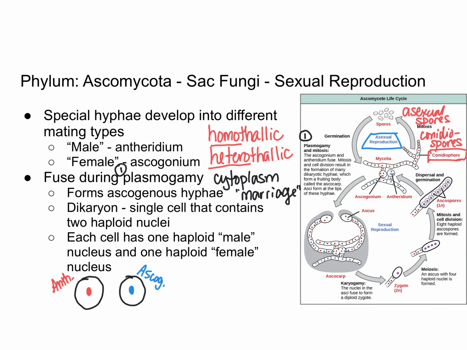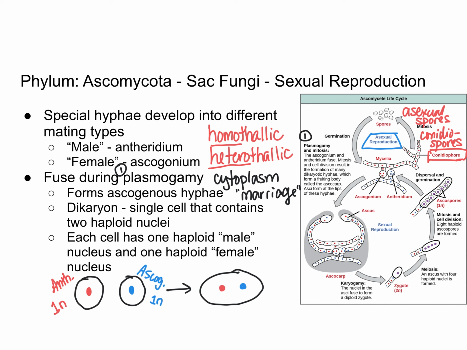Remember that these nuclei are haploid, or 1N. And when plasmogamy happens, the cell walls, cell membrane, and cytoplasm are going to fuse together to form one cell. But the nuclei are not going to fuse together yet.